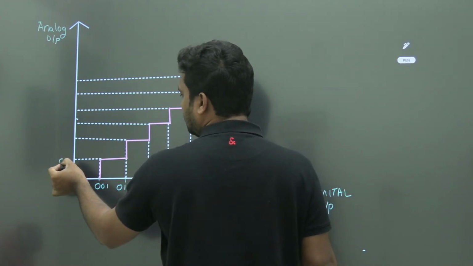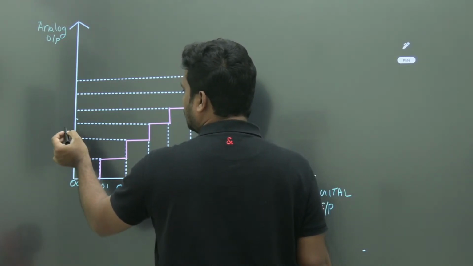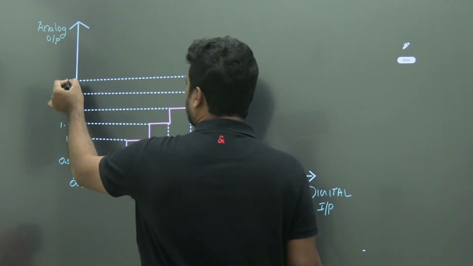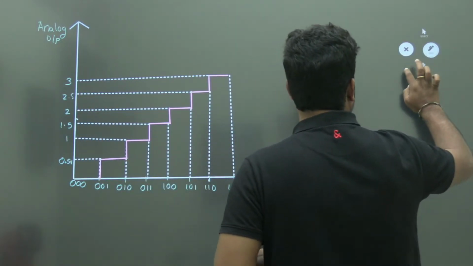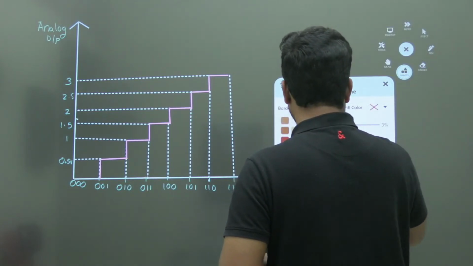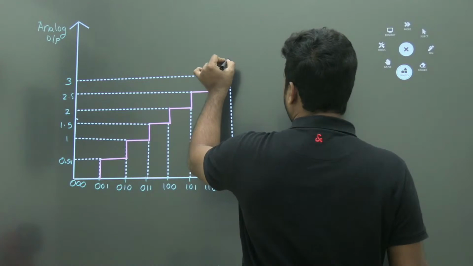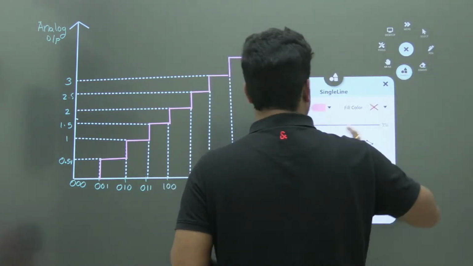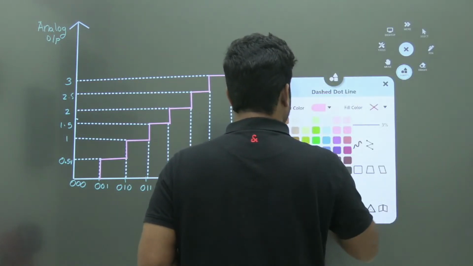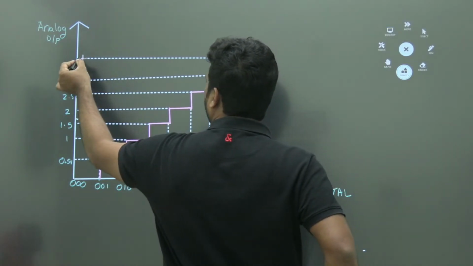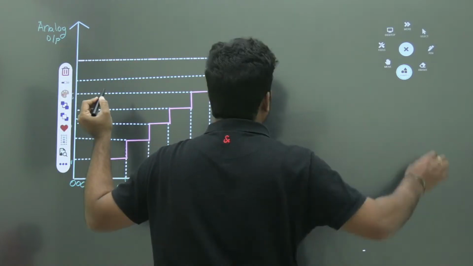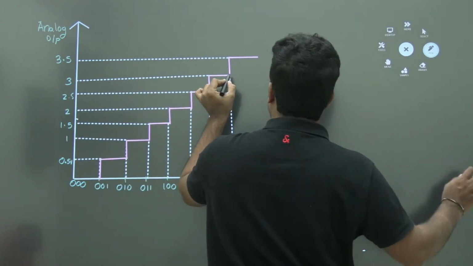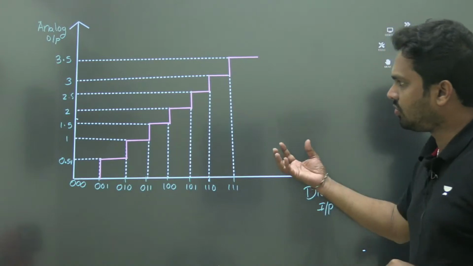So the output will be 0.5 volt, 1 volt, 1.5 volt, 2 volts, 2.5, 3, and so on. So this is how you are getting the output with respect to input.